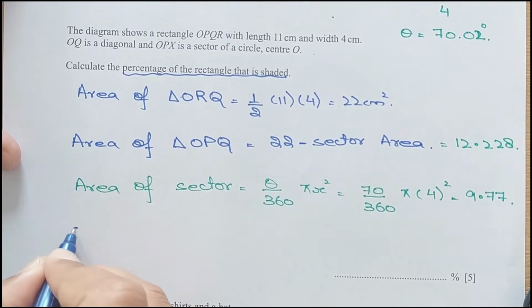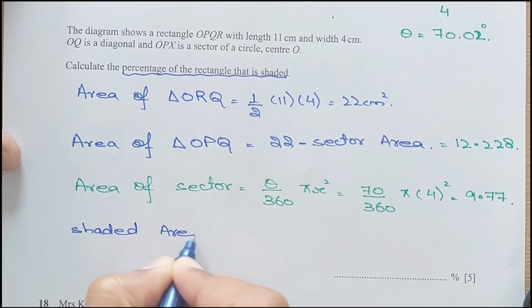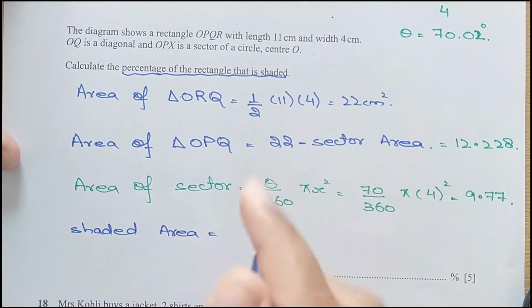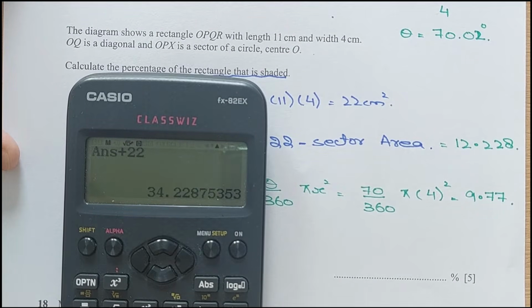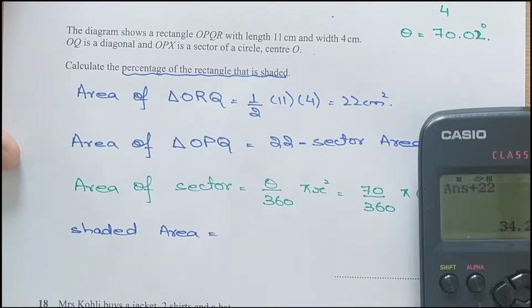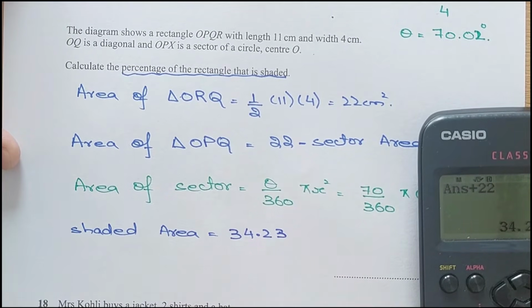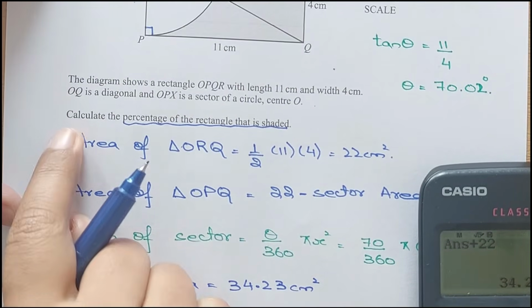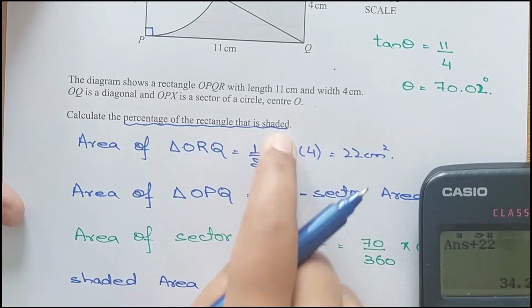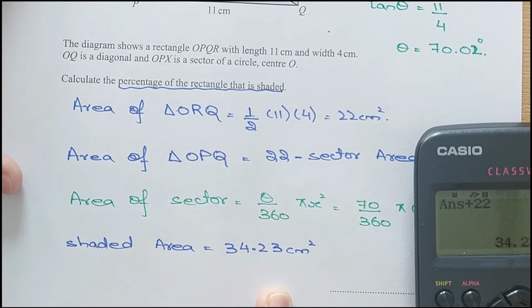Now we need to find the shaded area. The shaded area is the sum of these two, that is this one at 22 plus 12.23, so this is 34.23 centimeter square. This is the shaded area, but the question is we need to calculate the percentage of the rectangle that is shaded. It means the shaded area divided by the total area multiplied by 100.